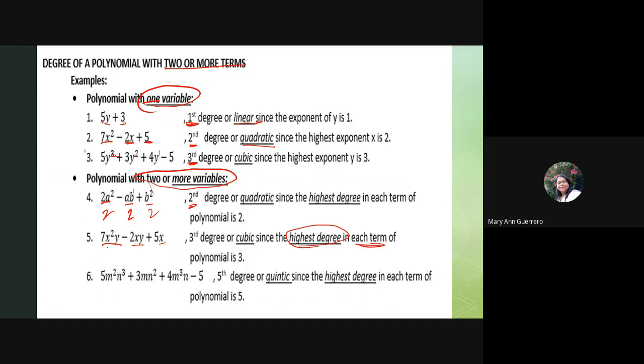Okay, high degree nito, 3. Ito, 2. Ito ay 1 and the highest 3, so third degree. Okay? Next, number 6. Ganun lang din. Degree nitong term na to, 5. Ito, 3. Ito, 4. Ito, 0. Highest degree is 5. So, this is a quintic polynomial. So, yun. Okay? I hope that is clear.